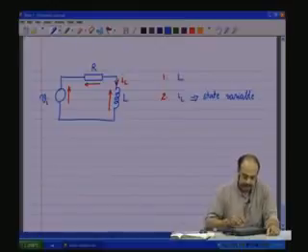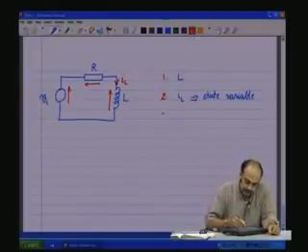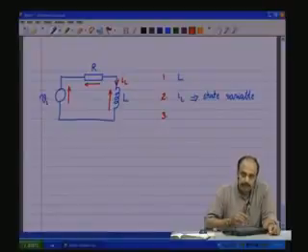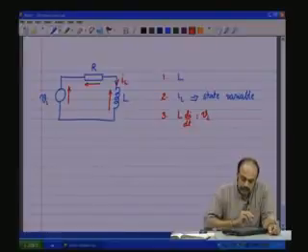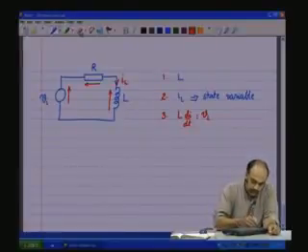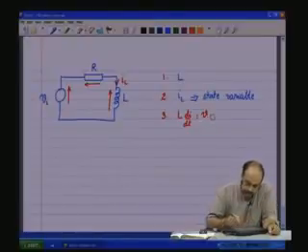And then we consider the equation, third step, of the dynamic elements, and in this case the dynamic element or the energy storing element is the inductor. So you consider the equation L di by dt is equal to VL, or the voltage across the inductor.